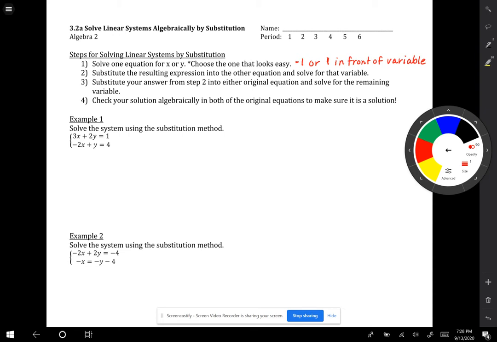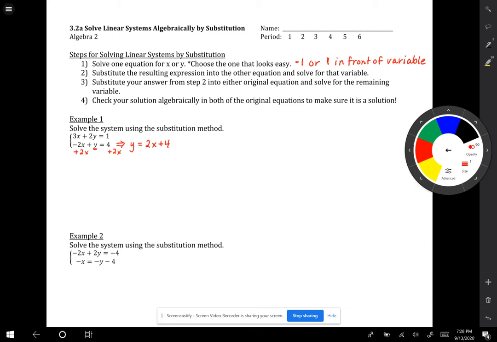We want to solve this bottom equation for y because it's the only one that has a 1 in front of it. So we add 2x to both sides because we want y by itself, and we are left with y equals 2x plus 4. That's step 1. We solved one of those equations for x or y. We chose y because y was the easier variable.